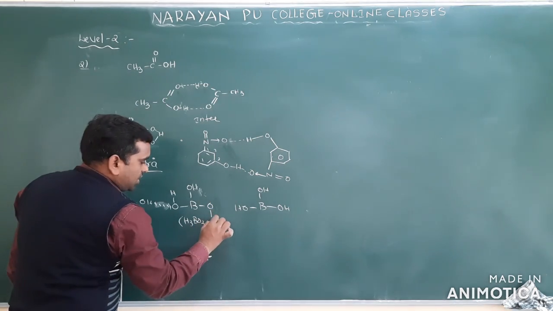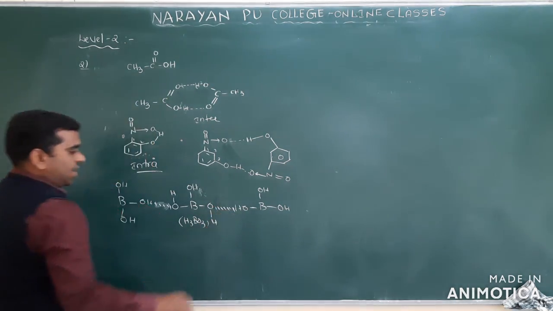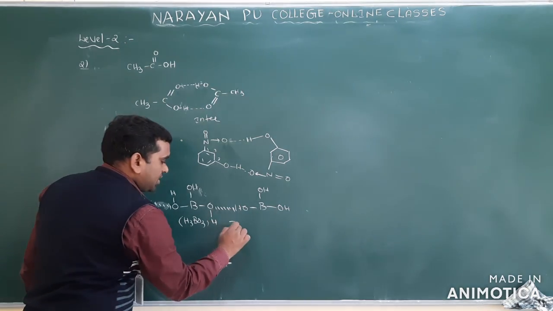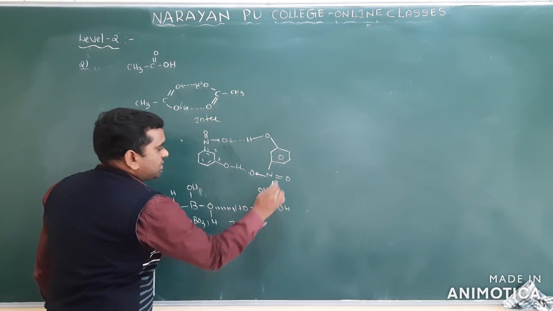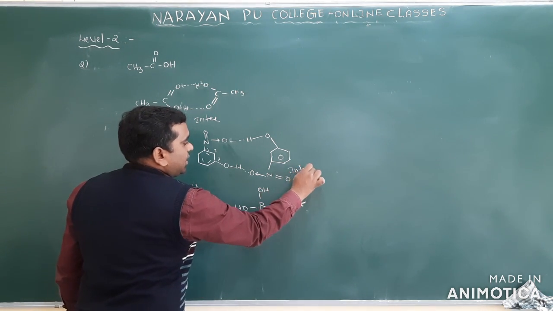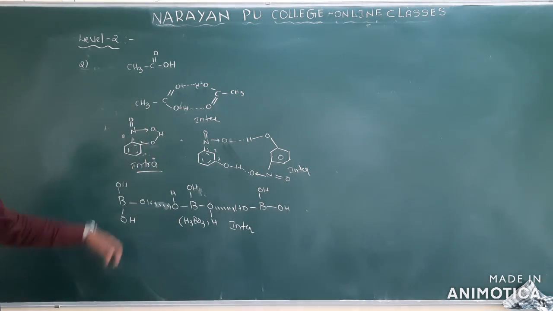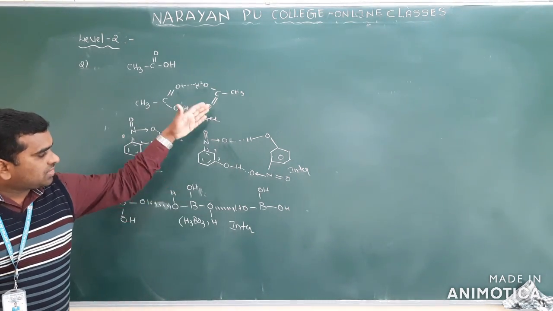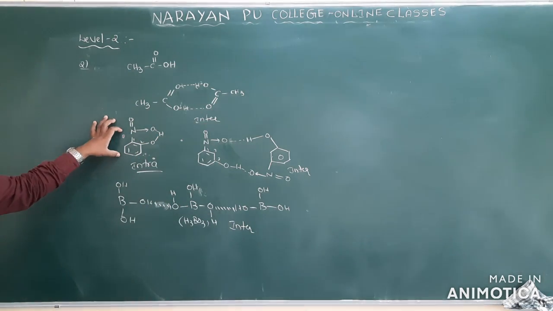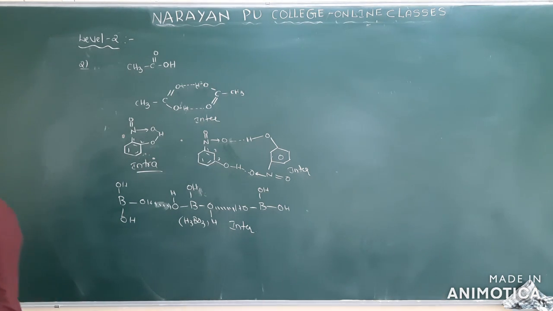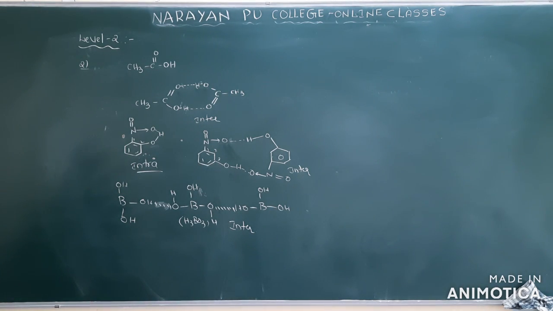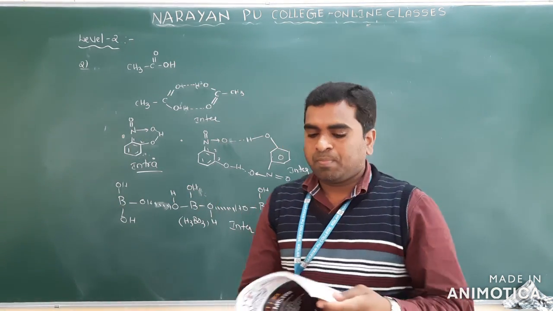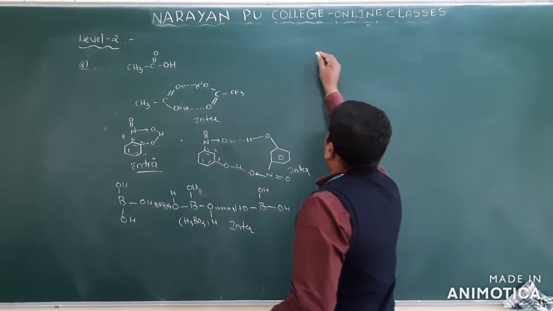In this case also there is an oxygen and hydrogen bond. These are all intermolecular. This is also inter, this is also inter, and this is intra. So 1, 3 and 4 are involved in inter, and the second one is involved in intra. So option 3 is the correct one. Clear? Next one, question number 3.